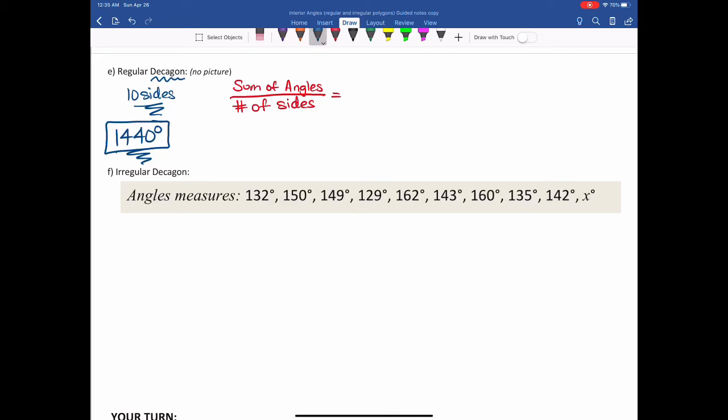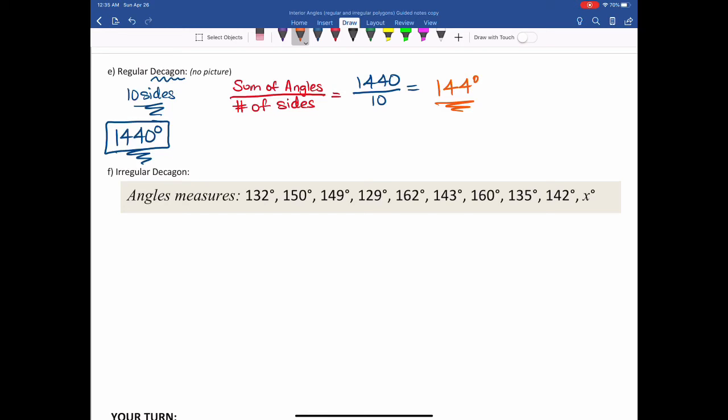Now the sum of the angles is 1,440. And then we're going to divide that by how many sides there are, and that's 10. And so 1,440 divided by 10 is 144 degrees. So every angle of a decagon, as long as it's regular, is going to be 144 degrees.